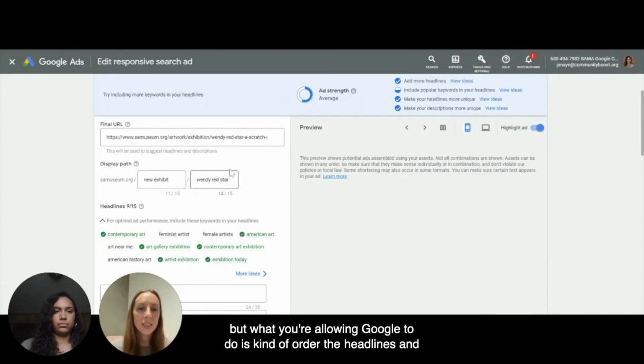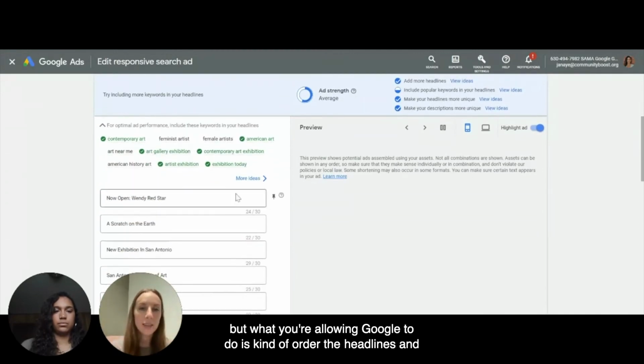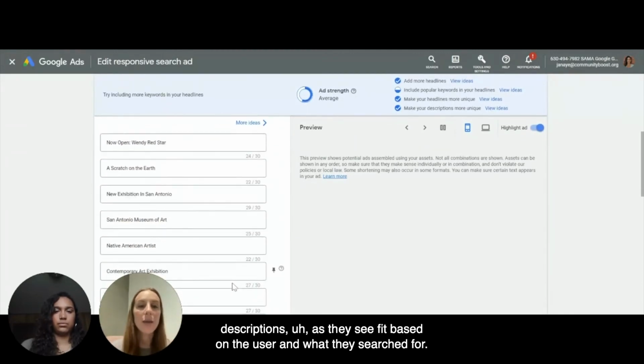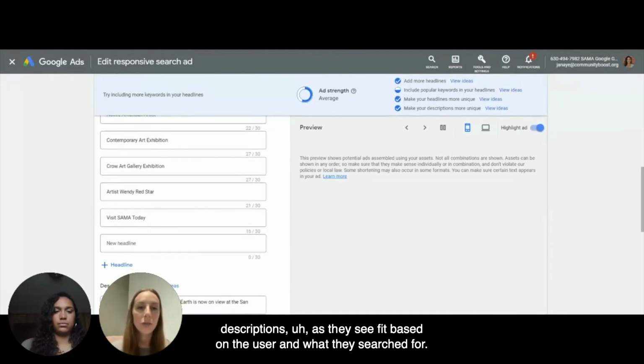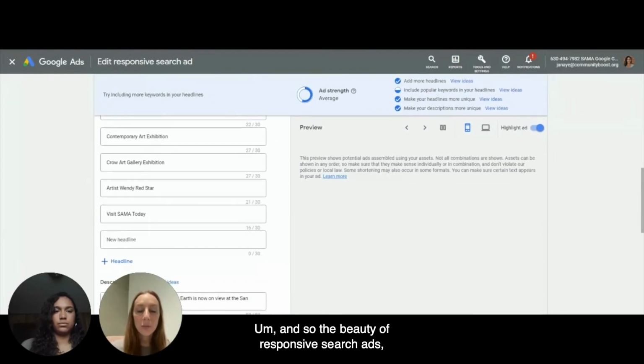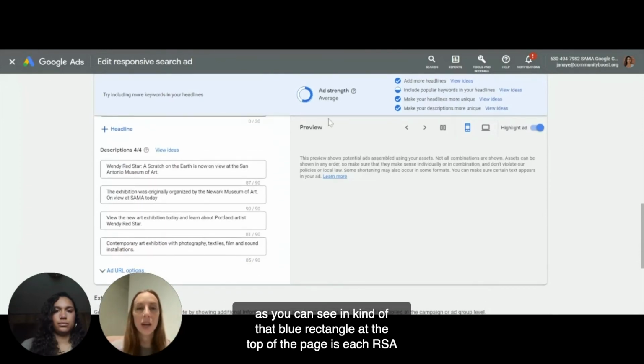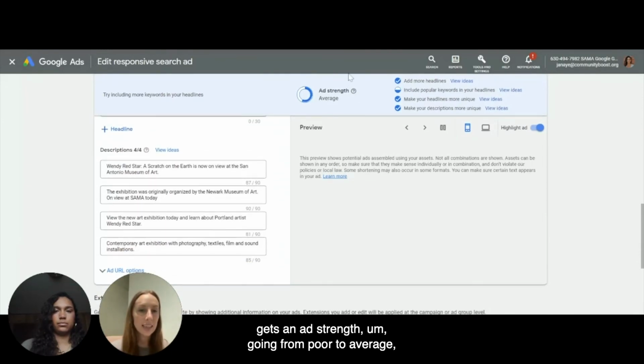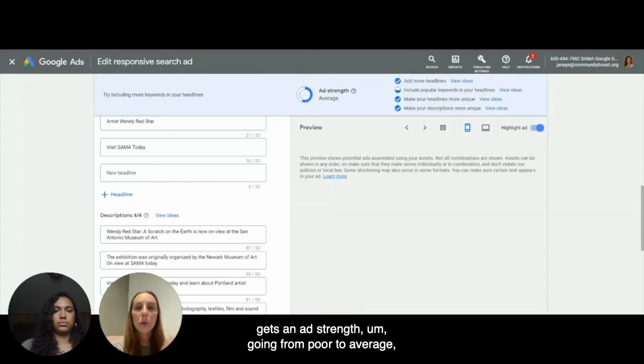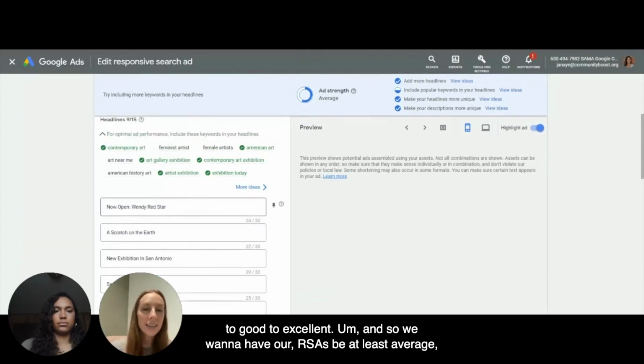So with responsive search ads, you still do have total control over the ad copy, but what you're allowing Google to do is order the headlines and descriptions as they see fit based on the user and what they searched for. And so the beauty of responsive search ads, as you can see in that blue rectangle at the top of the page, is each RSA gets an ad strength, going from poor to average to good to excellent.